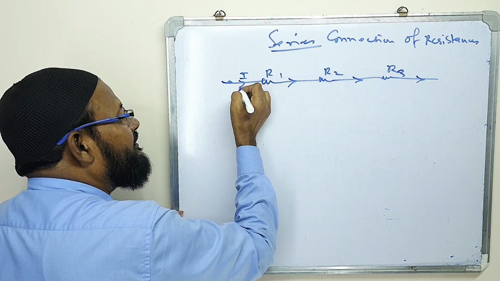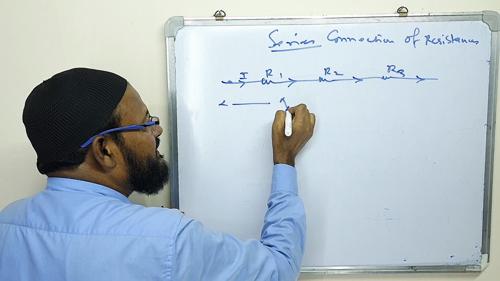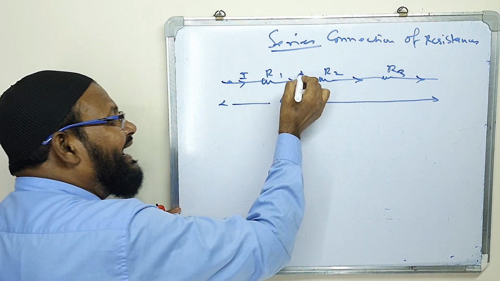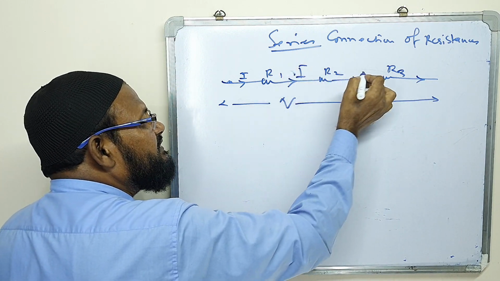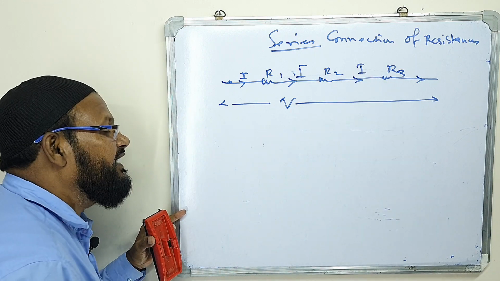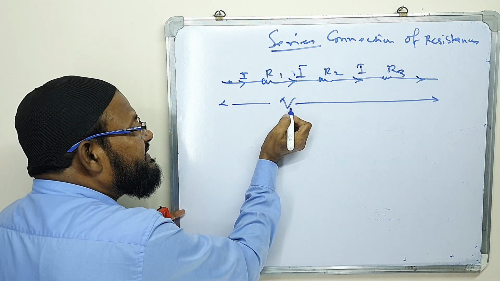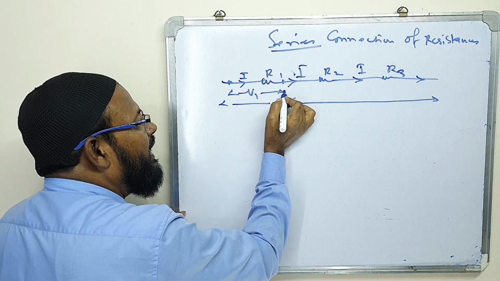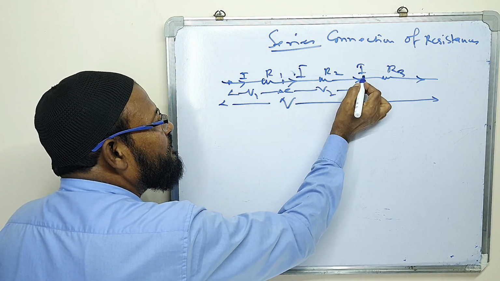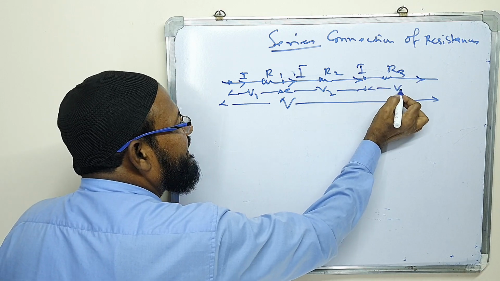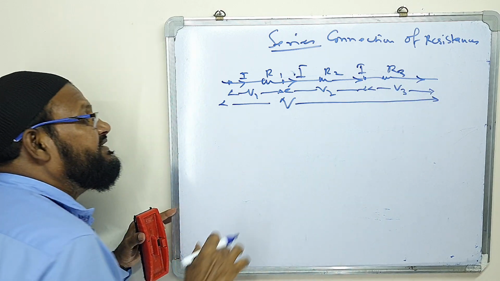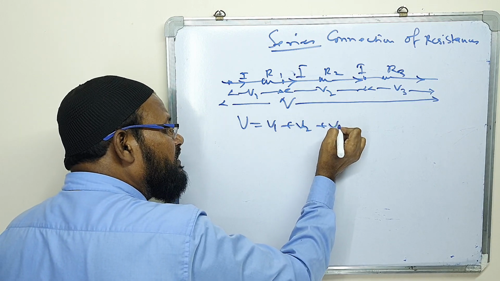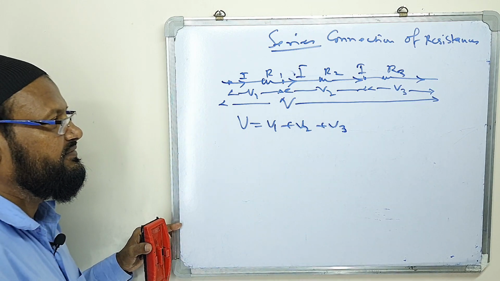This is I. From here to here the total potential difference is V, but I is the same for each resistance. Another important thing: this V will be divided. This is V1, this is V2, and this is V3. First thing, V equal to V1 plus V2 plus V3.